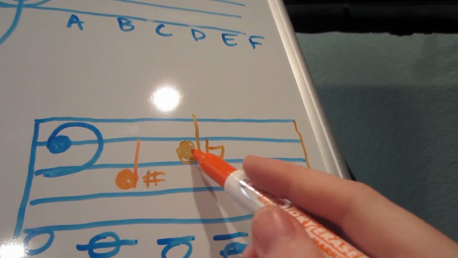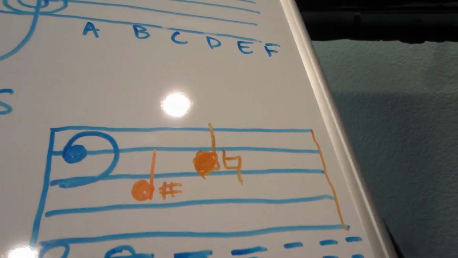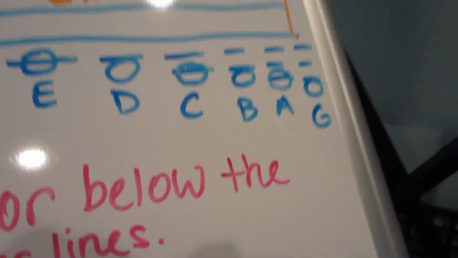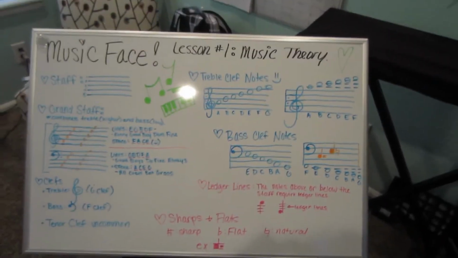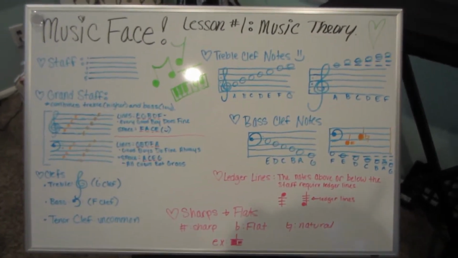Sorry for the weird thingies. It's really hard to draw while you're behind a camera. So, hopefully you can read most of my handwriting. And that, ladies and gentlemen, is my lesson of the day. You can take a screenshot of this if you want.